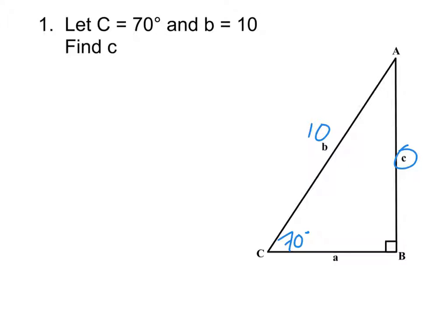All right, the first thing I have to do is decide if this is going to be sine, cosine, or tangent. And I do that by identifying what I call these 2 sides that I'm working with. Each of those is going to be called opposite, adjacent, or hypotenuse. Let's start with the 10 that we know.